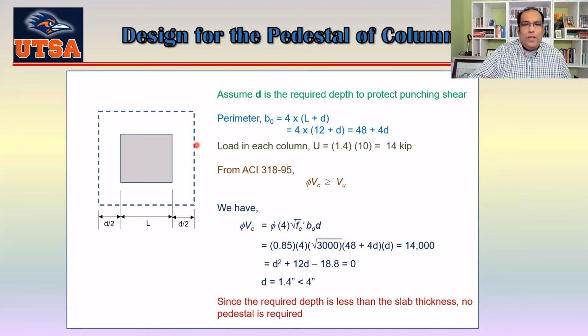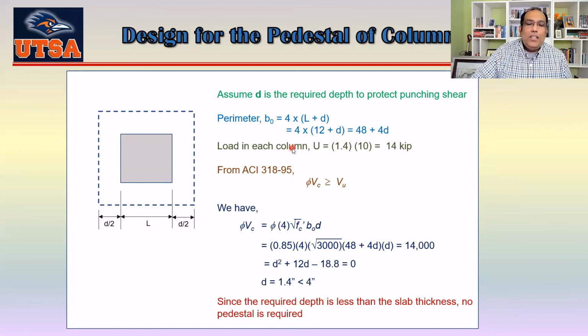Okay, so if total depth is D, then you will see the average midpoint of that thing is actually D by 2, each side D by 2. So from here to here would be L plus D. And if the failure occurs on all 4 sides, then you just multiply by 4, which is actually 48 plus 4D.